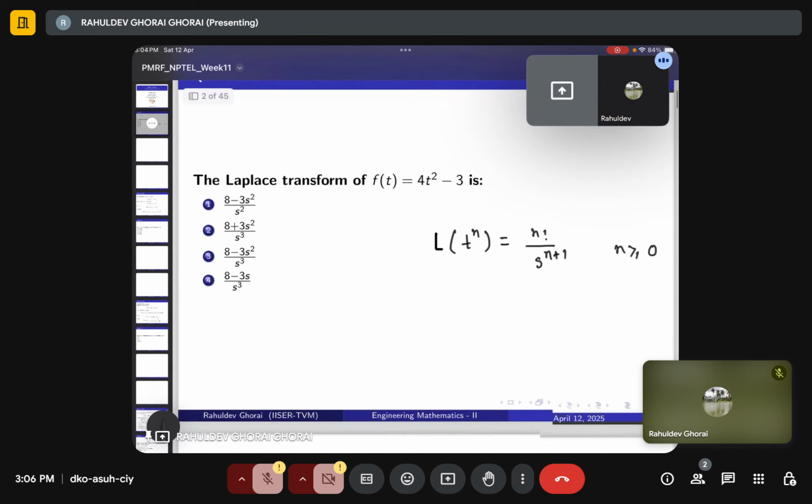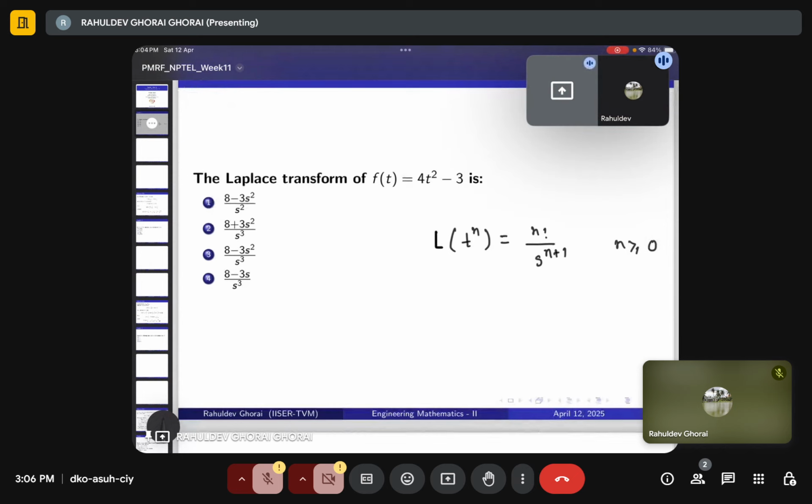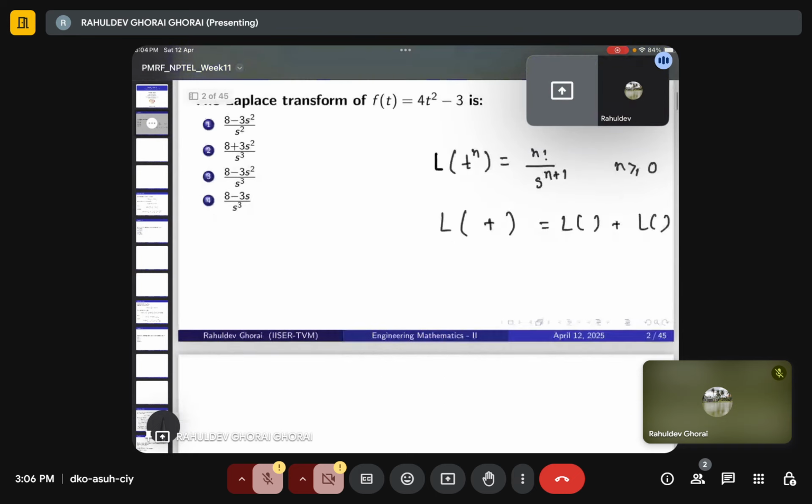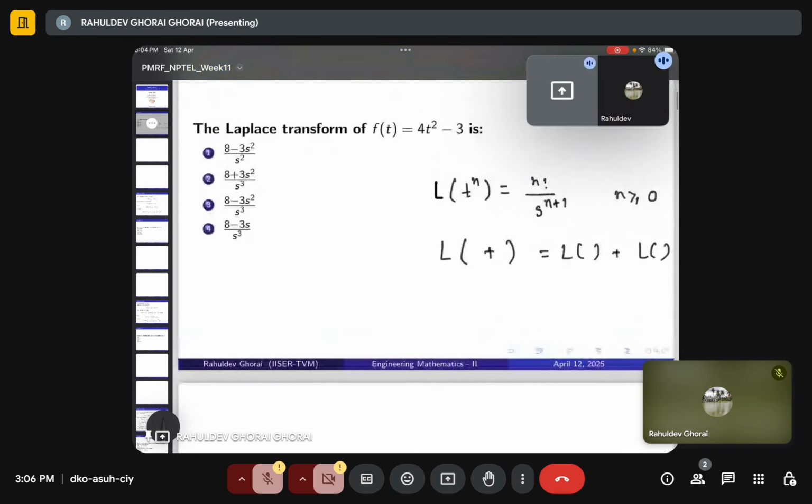And the Laplace transformation operator, when it acts on an addition, will be L of that plus L of the other. So the additivity property is there.